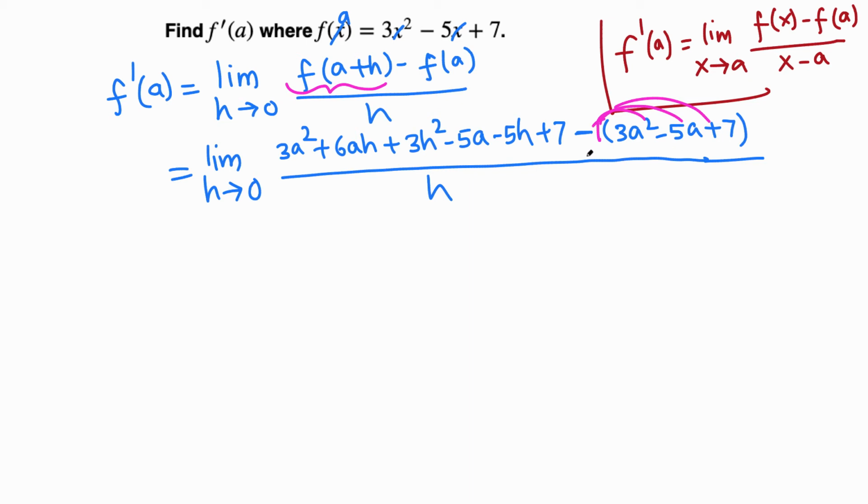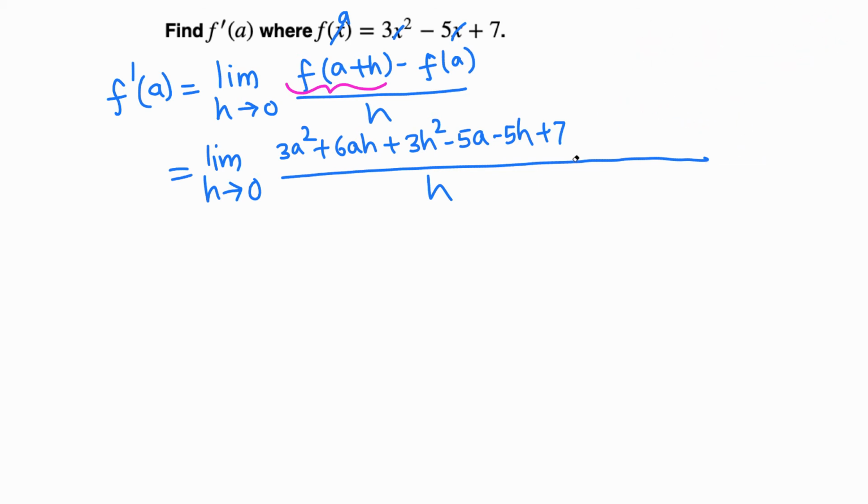So I'm going to do that step as well. f of a is in fact just 3a squared minus 5a plus 7, but this negative sign we need to distribute, so this is negative 3a squared plus 5a minus 7.